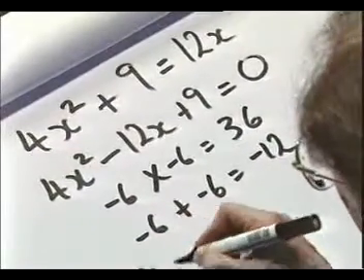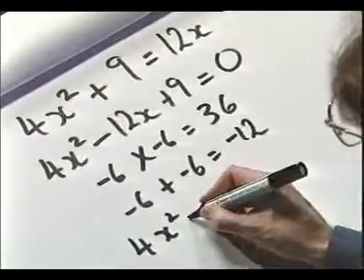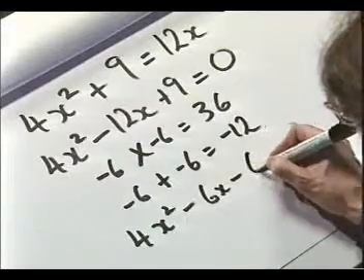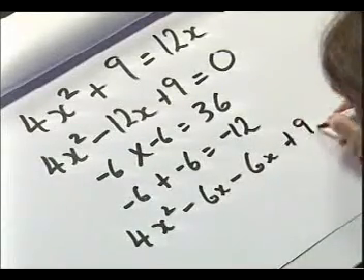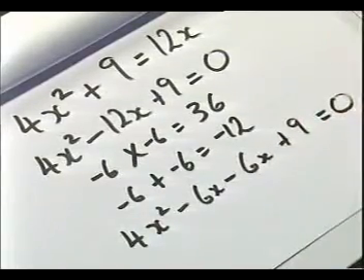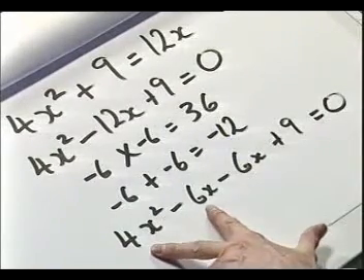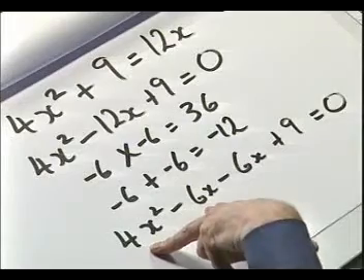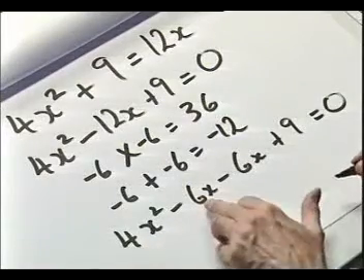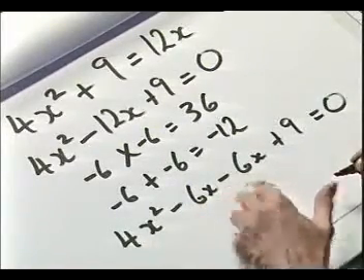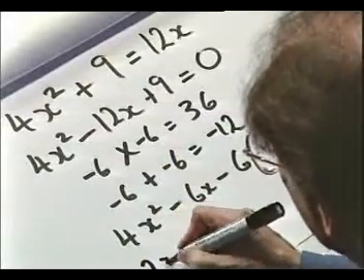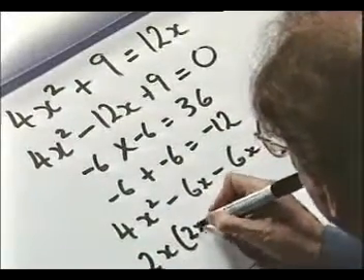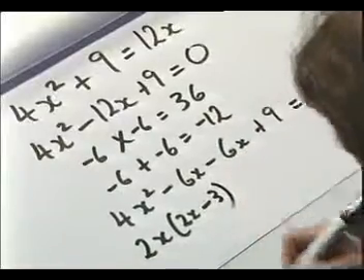So we've got 4x squared minus 6x minus 6x plus 9 equals 0. In these two terms we want the common factor, and that will be 2x, because this is 4 and 6 and x squared and x. So we'll take the 2x out, giving us 2x minus 3.